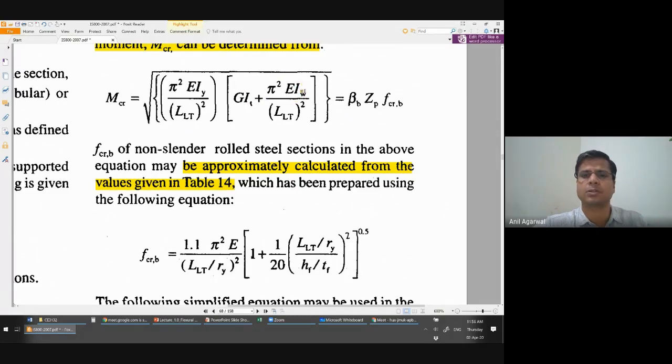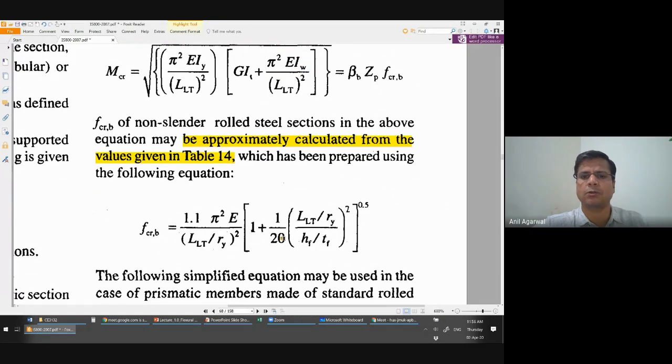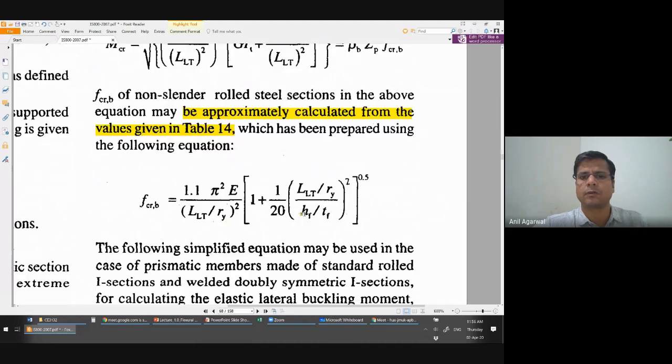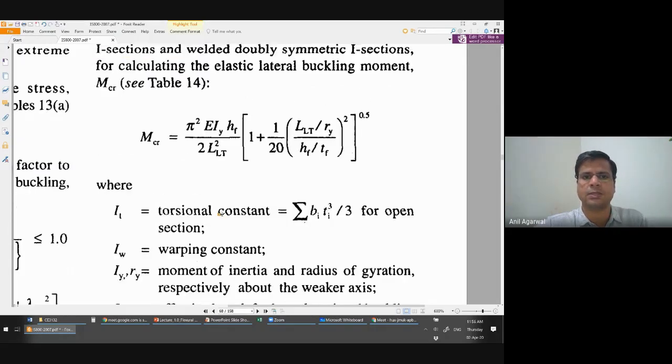IW depends on different cross sections, but here they have already solved for various values, and all you need is the HF, TF. HF is the spacing between the flanges, the distance between the two flanges. RY, you are familiar with. TF, thickness of the flange. LLT is the length of the beam, the unsupported length of the beam. I'll talk about LLT in a minute.